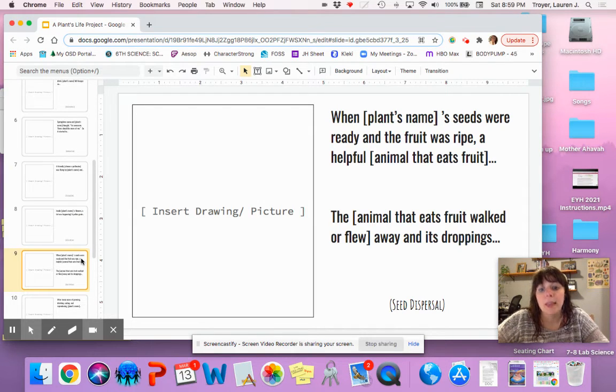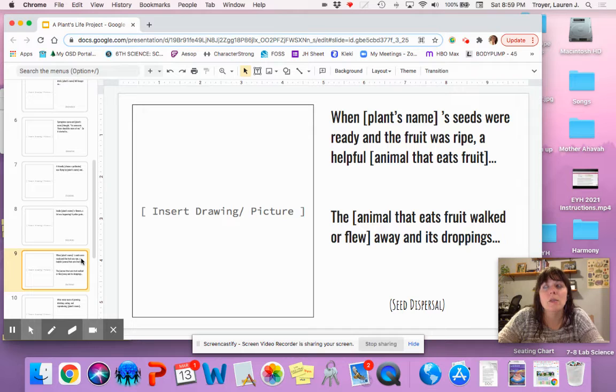Okay, then comes seed dispersal. What does that mean? Seed dispersal is when the seeds are spread about. How do seeds get spread about? Well, many trees package their seeds in something that is very tasty. So think about that.